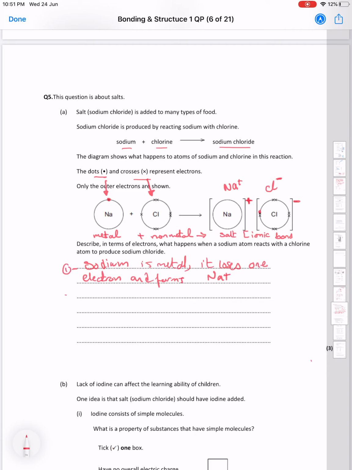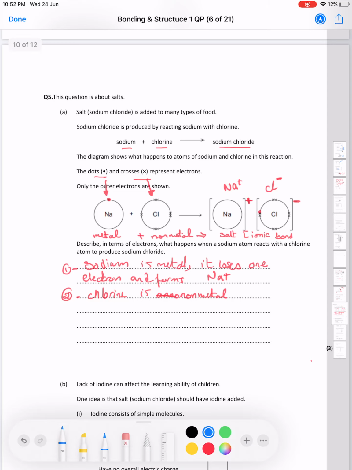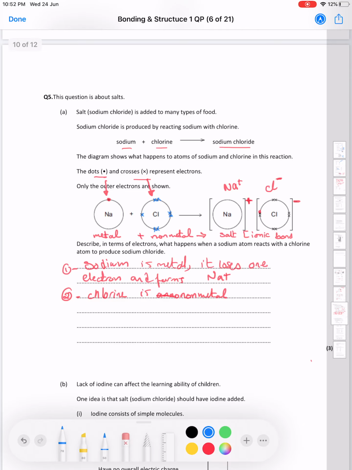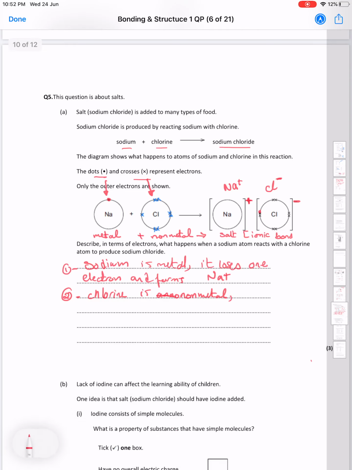The second piece of information is that chlorine is a nonmetal. It's in group 7. That means it has 7 electrons in the outer shell, as you see. 1, 2, 3, 4, 5, 6, 7. So it has 7 electrons in the outer shell.